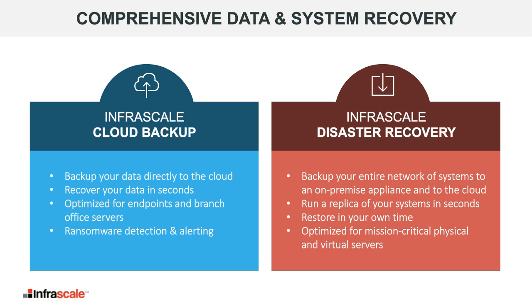So this is the hybrid cloud solution that we just looked at in that animation, that example that I showed. So this does include that on-premise component we saw as well as the cloud. So of course you can back up data, but it goes further in capturing full system images and allowing you to boot and run those images either on a local appliance or in the cloud, depending on what you need.